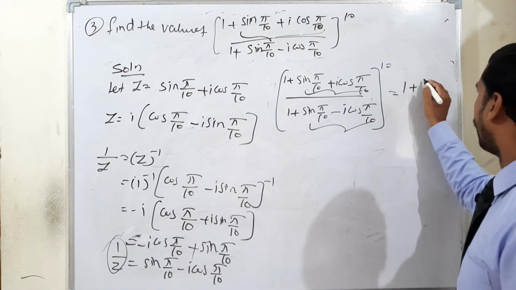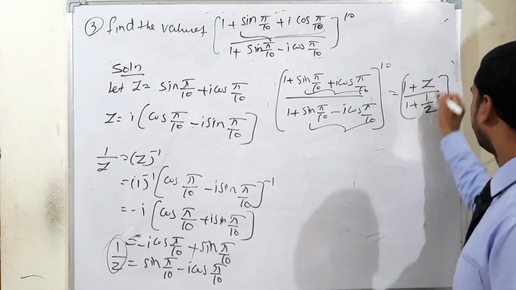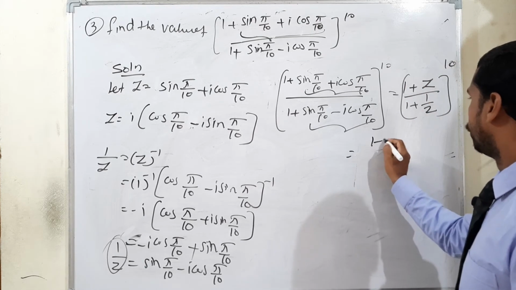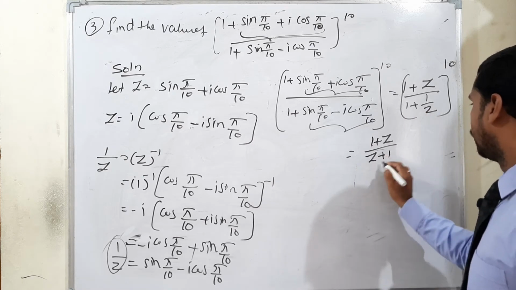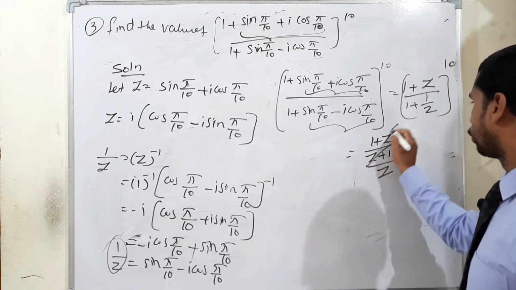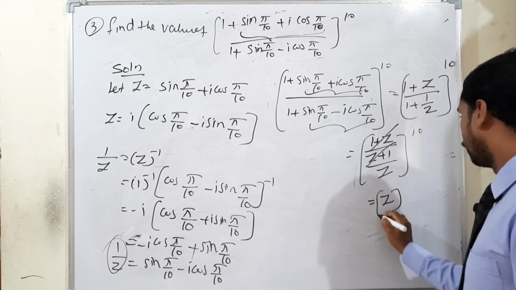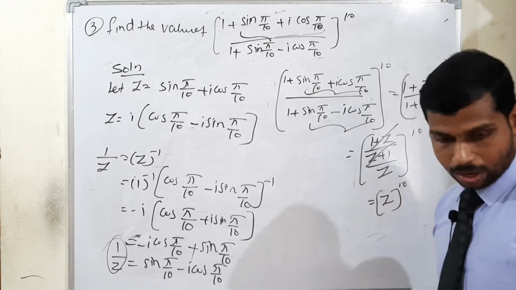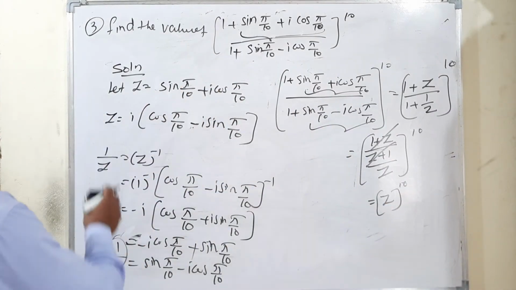Therefore 1 plus z divided by 1 plus 1 by z, the whole power of 10. The numerator stays 1 plus z, but the denominator simplifies to z plus 1 by z, so 1 plus z cancels, and the whole thing is z to the power of 10. So now z we have considered, the value is sin pi by 10 plus i cos pi by 10.